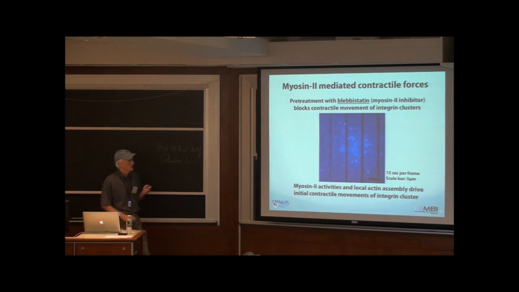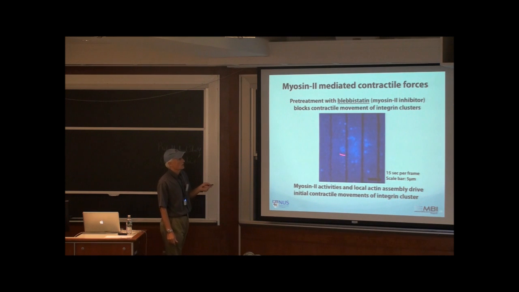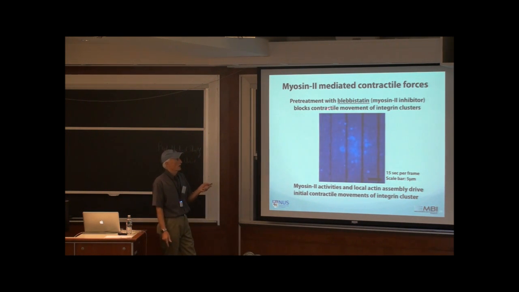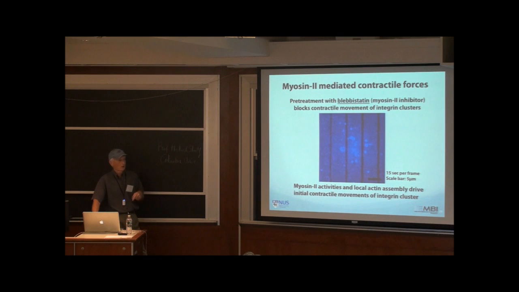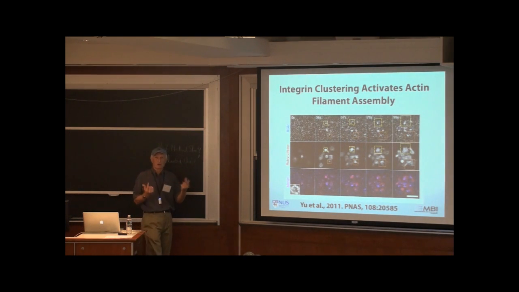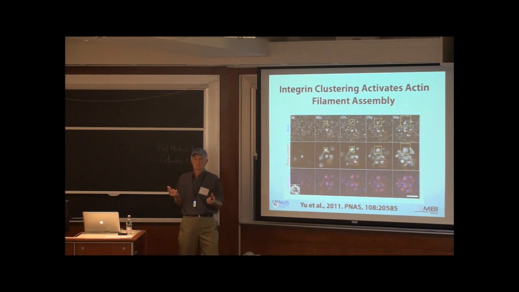So going back to the story, if we see these clusters and the clusters are moving to the lines, it should be myosin dependent, we're saying. And sure enough, when we add blebbistatin, a myosin 2 inhibitor, they don't move to the lines over time. They do assemble, however. This begs the question of where is the actin? Because you need anti-parallel arrays of actin for sarcomeric contraction.